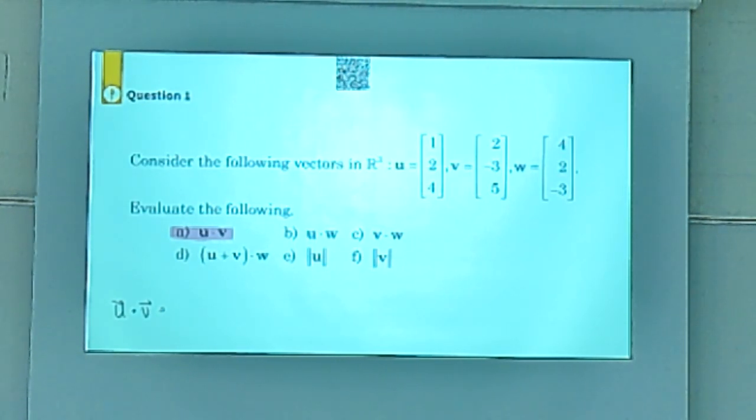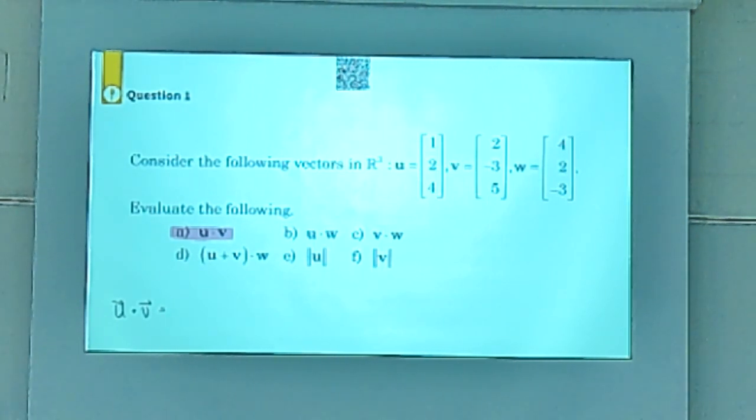Write that down. Standard inner product in Rn is the dot product. Very simple. Multiply corresponding components and add them together.